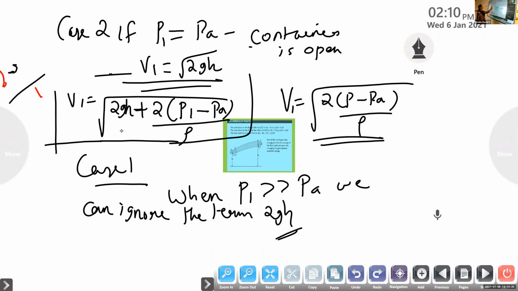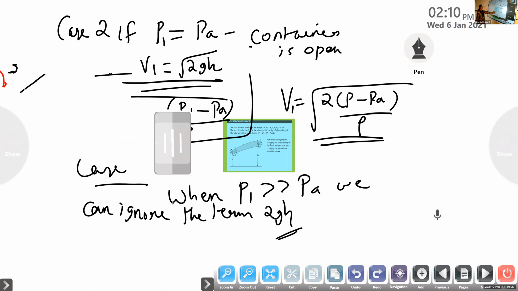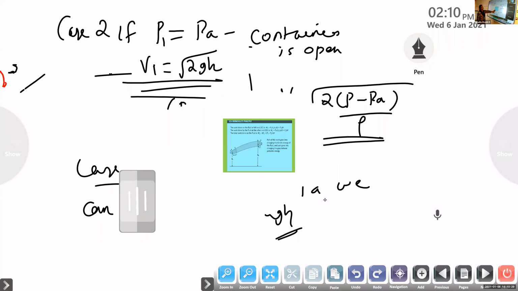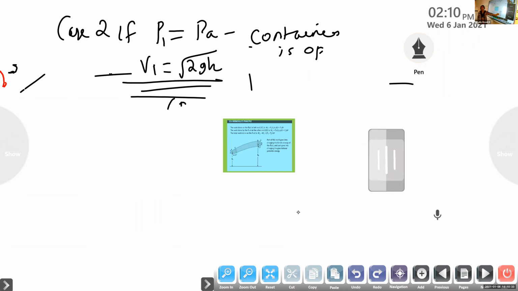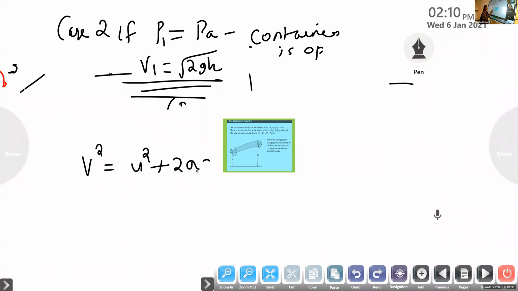And you can get an analogy here with solid mechanics. Do you remember the third equation of motion? V squared is equal to U squared plus 2AS. Suppose the initial velocity is 0; you get the final velocity equal to square root of 2AS.